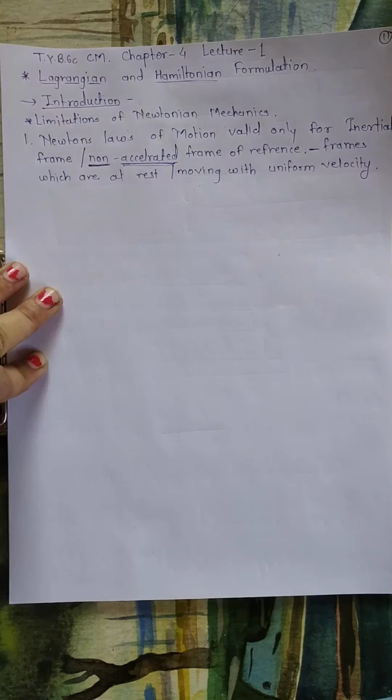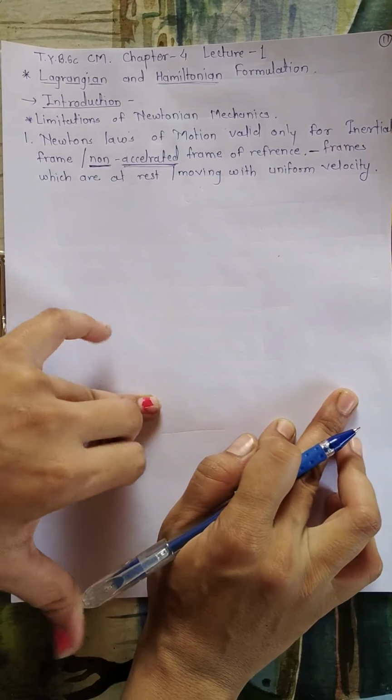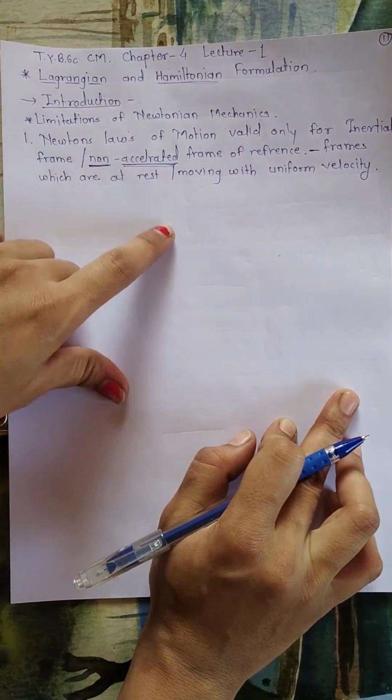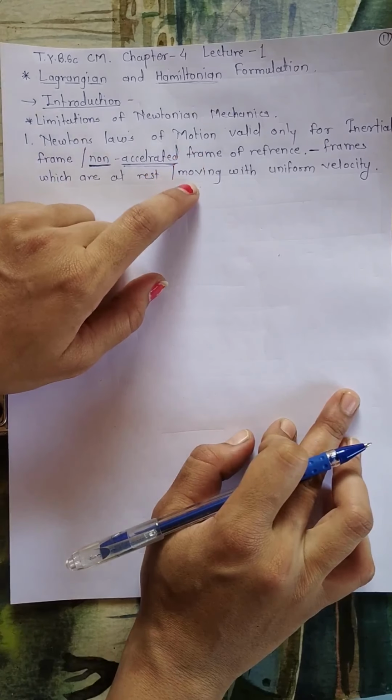The inertial frame means frames which are at rest or moving with uniform velocity. Now you may have a doubt that here there is the word non-accelerated, and also we are saying these frames are moving with uniform velocity.